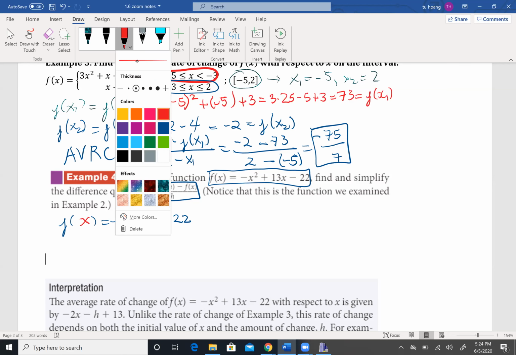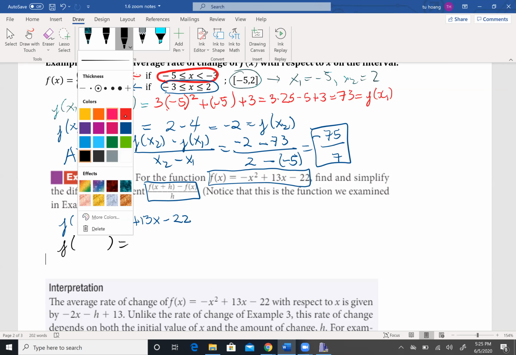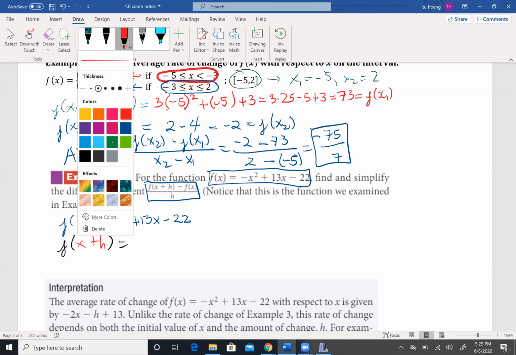And now I want to say f of x plus h. Remember that now x plus h is the input, so you have to change all the x above to be x plus h.